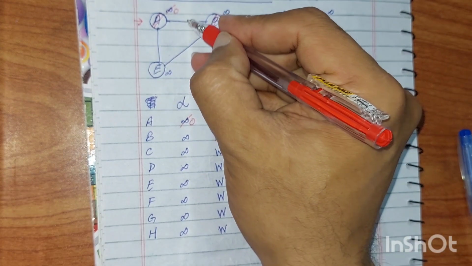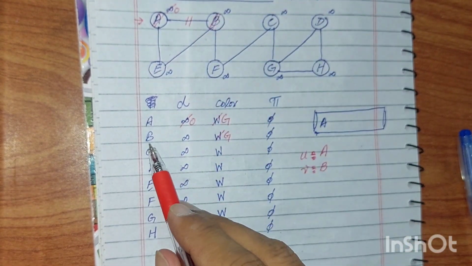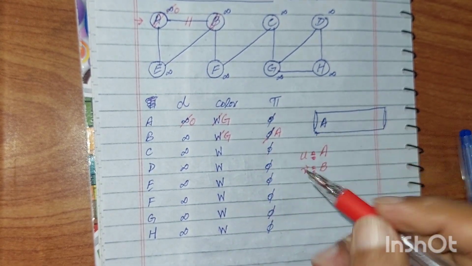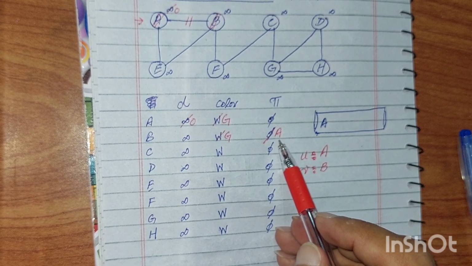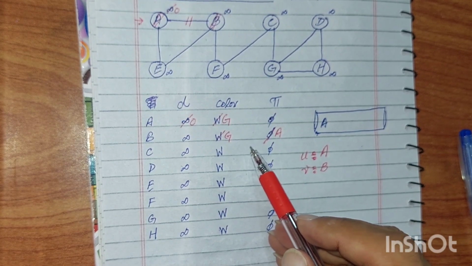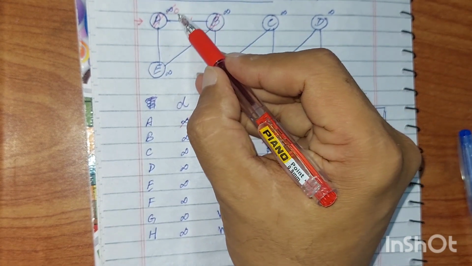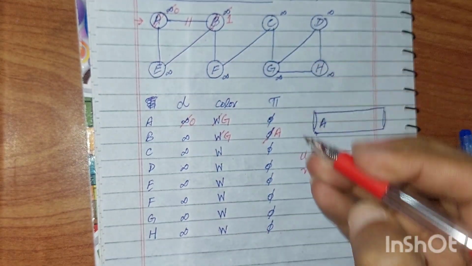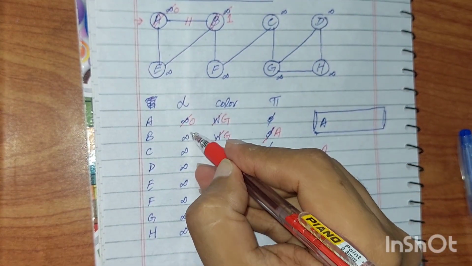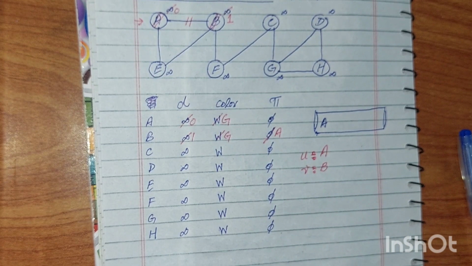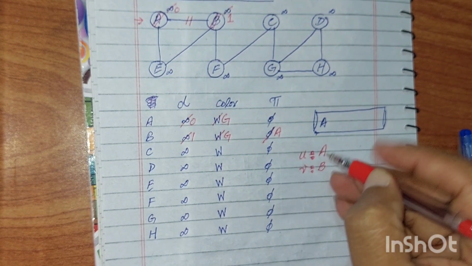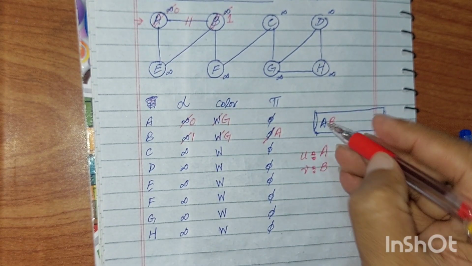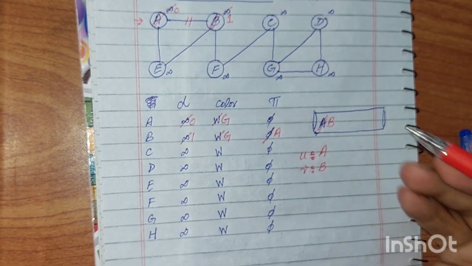B's parent is marked as A, and the distance is the distance of its parent plus 1, that is 0 plus 1 is 1, so the distance is now 1. And then we place this B into this Q. So this A is not there, so it's gone.